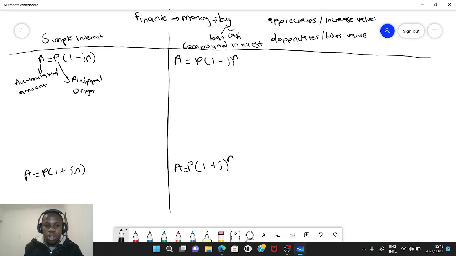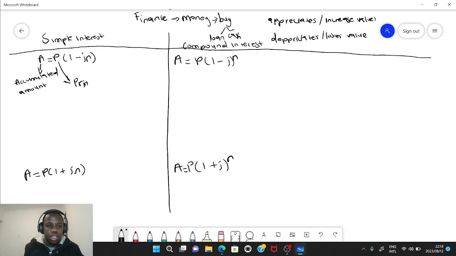Can I please erase this just to fix my handwriting. So we are saying P is known as the principal amount, not just the principal, but the principal amount, or the original amount.